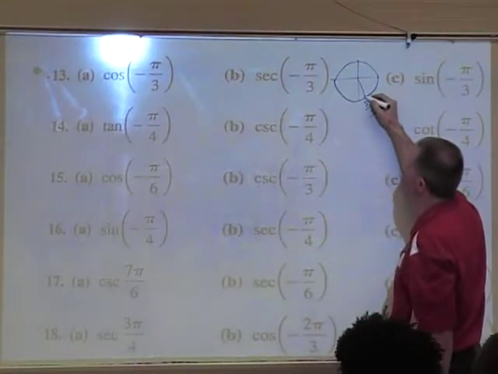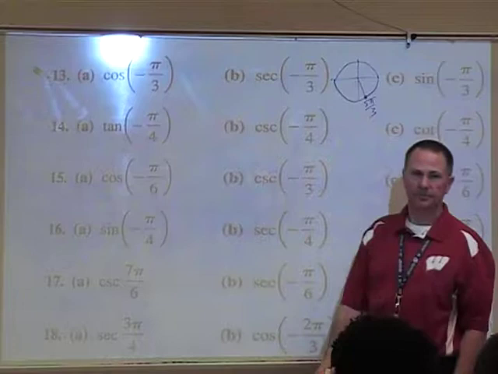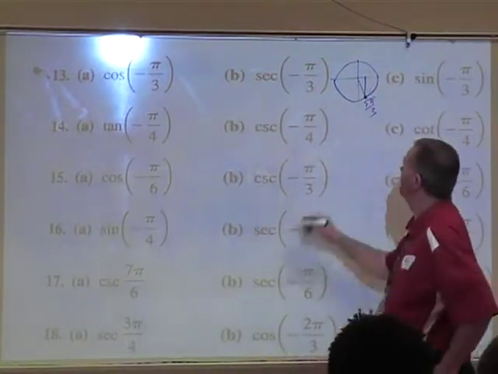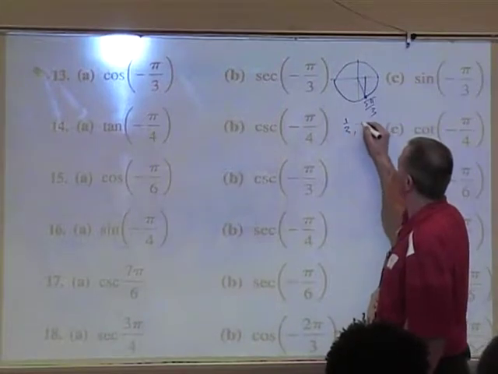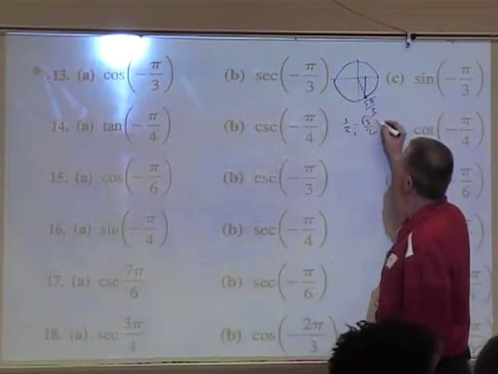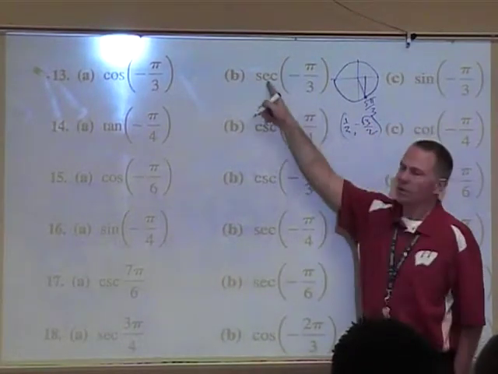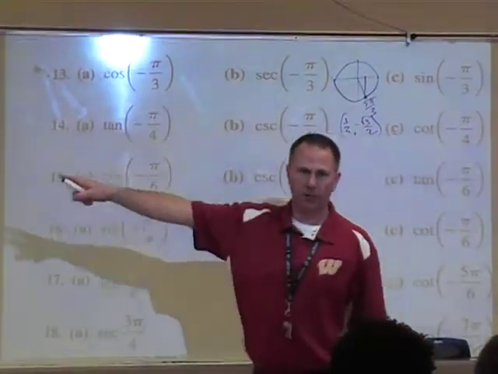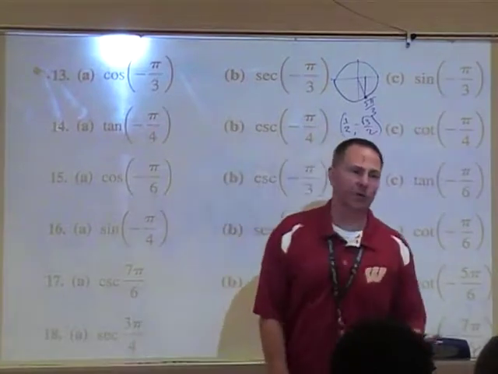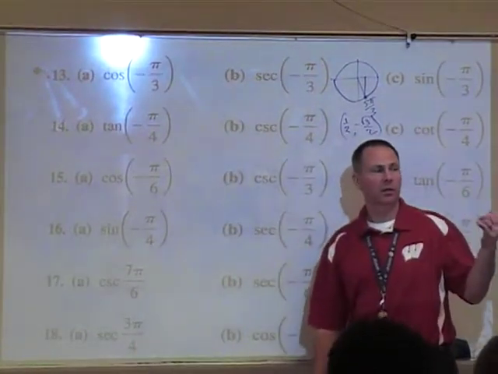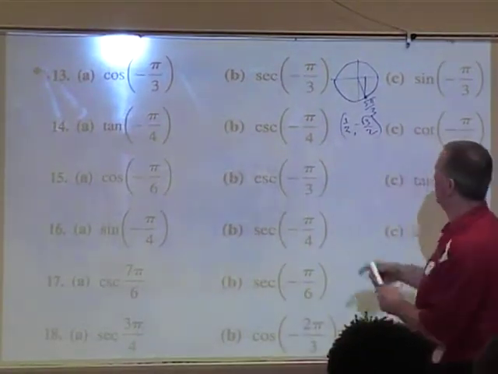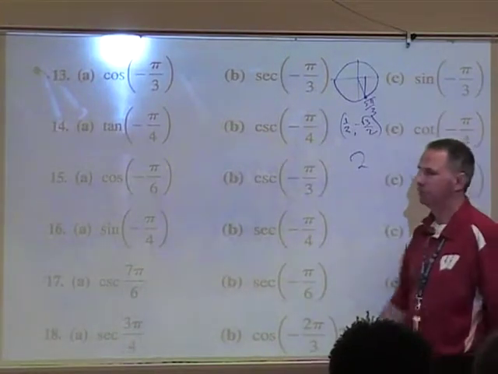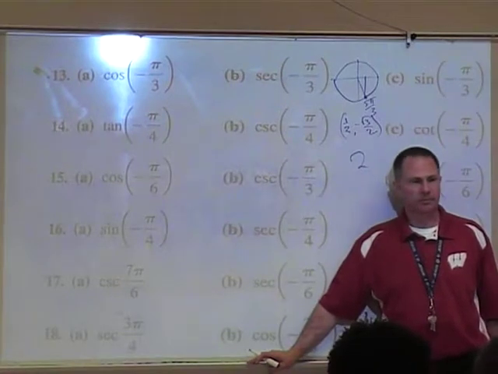So what is that coordinate? It's a 60-degree reference. Right. Okay. So what does secant go with? Cosine. So it's the reciprocal of cosine. Cosine is your x value, so the reciprocal of the x, so this answer would be 2. Awesome.